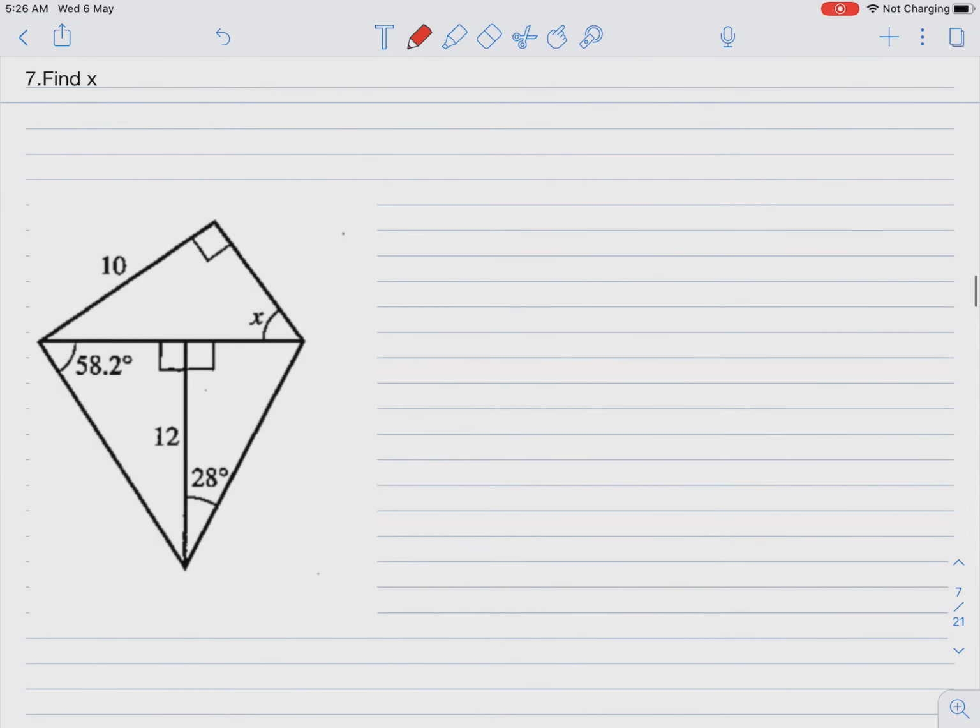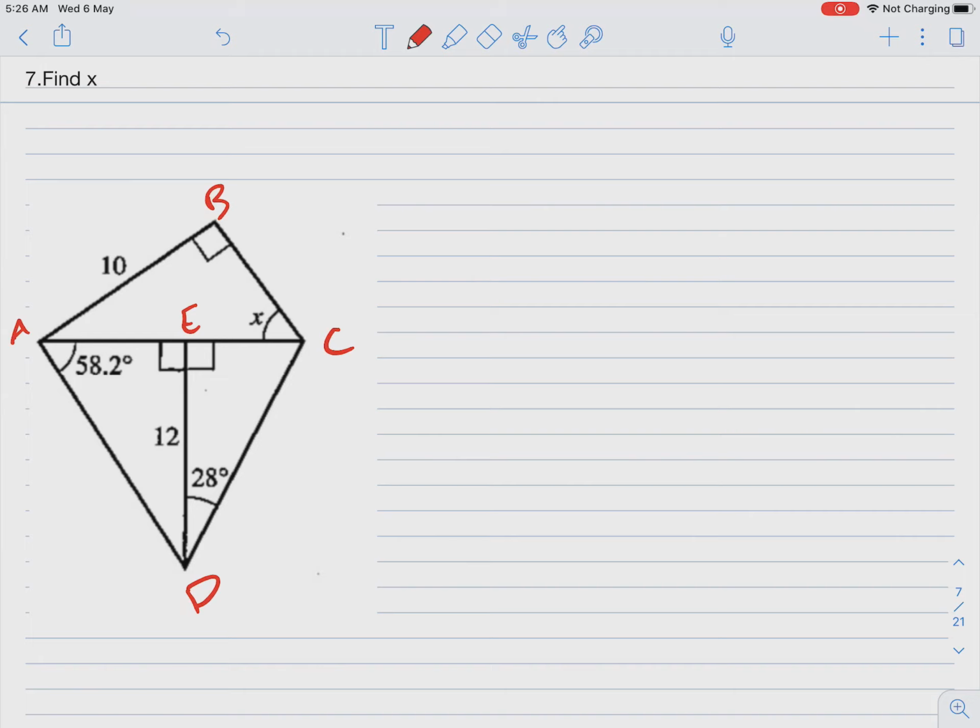Okay, next. In this question, I need to solve for x. But the problem is that the triangle, let's also call the triangle ABCDE, for example. The problem is triangle ABC that contains x does not have enough knowns, because I need two givens, an angle and a side, or two sides, to get the thing that is required.